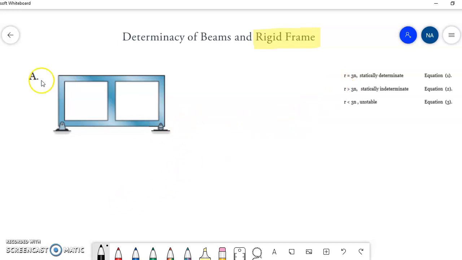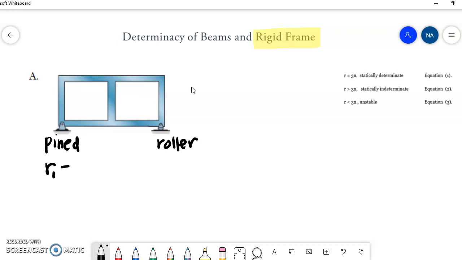Okay, of course in this figure it shows that this is a rigid frame. So in this figure we see here we have a pin support, whereby here we have the roller support. So for the pin support, total reaction, we call this one R1.